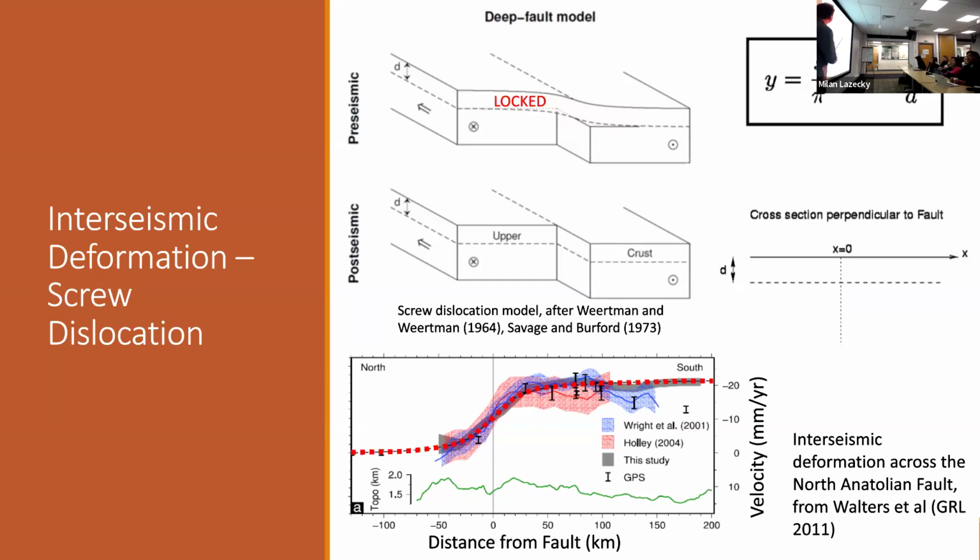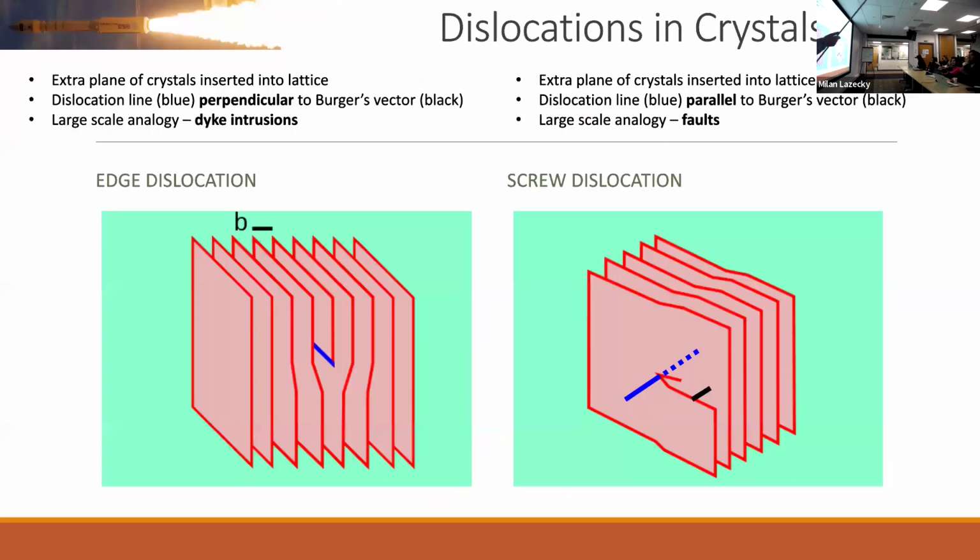But this is called the screw dislocation model. So it's a simple approach to how we do it. And a screw dislocation, if you do an analogy with crystals, there are 2 sorts of dislocations you get. It depends on the insertion of an extra plane of lattices, whether that's perpendicular to this Burgers vector here. So it's basically these lattices.